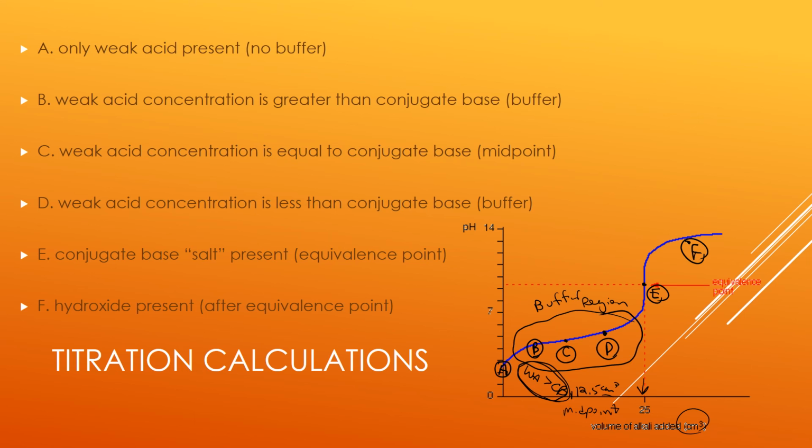So I have 12.5 centimeters cubed. I look at the pH right there, and that is my pH at midpoint. At midpoint, I have the best buffer ratio. The best buffer ratio is a 1-to-1 ratio of my weak acid to my conjugate base. Or if I had a weak base and conjugate acid, it would also be a 1-to-1 ratio.